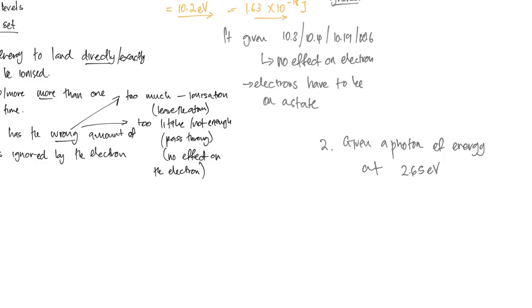So at the moment, your electron is at negative 3.40, and that's at n is equal to 2. But now we add on 2.65. You pop that into your calculator and you're going to get negative 0.75 electron volts.